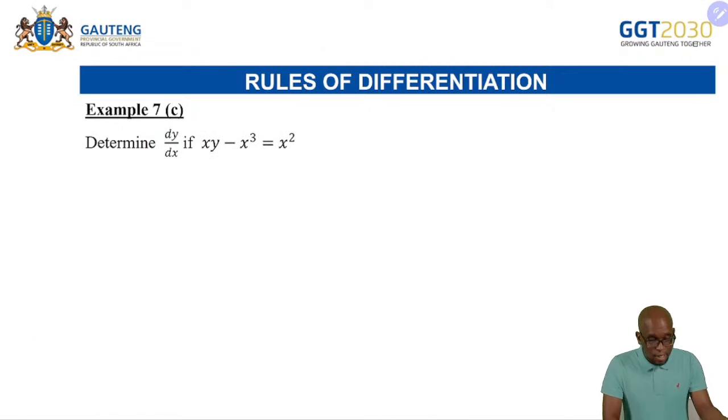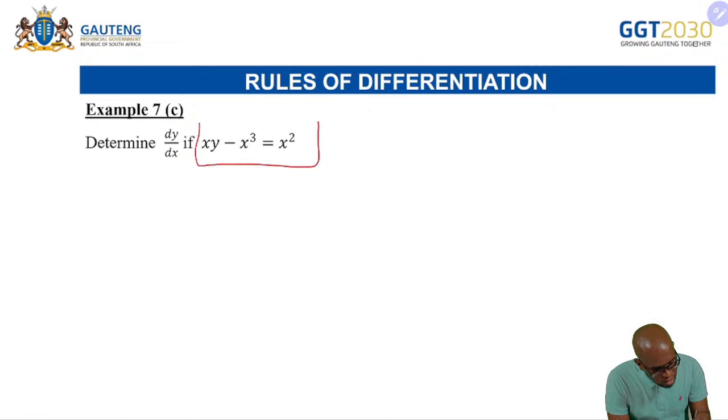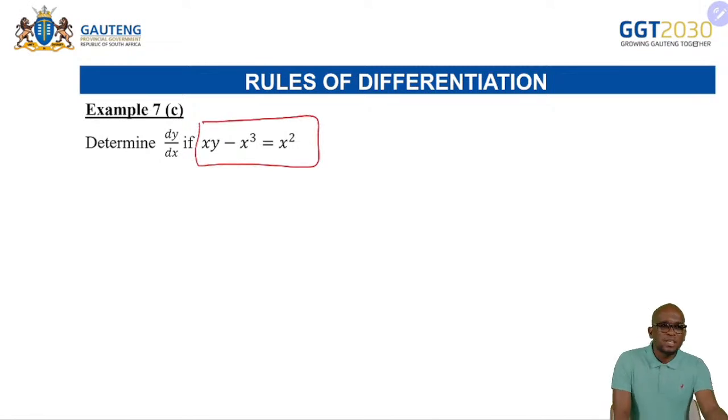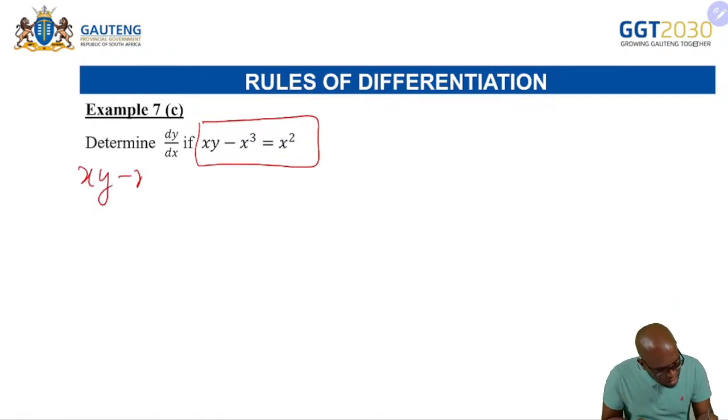Right, example 7c, quickly work this one out. If you check here, they want dy dx and y is not the subject. So the first thing that I'll do, I'll make y the subject of the equation. So I'll have xy minus x cubed is equal to x squared. I can transpose x cubed. I'll get x cubed plus x squared.